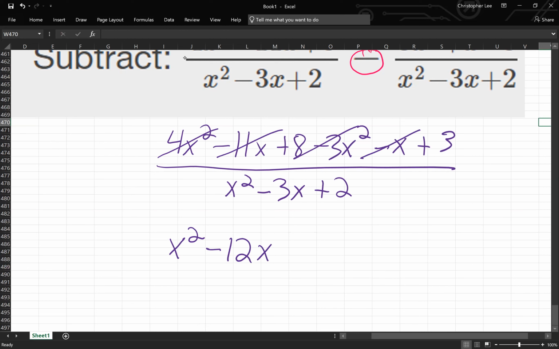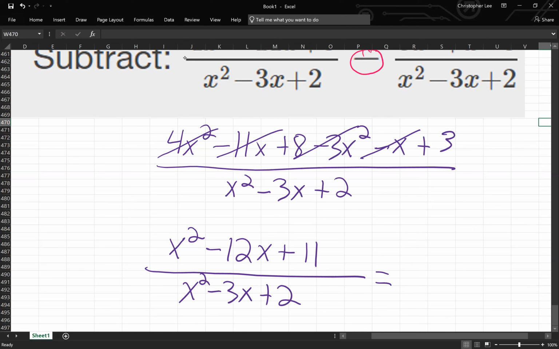Now I have an 8 plus 3, which is what? 11 or 12? 11 sounds more like it. Over x squared minus 3x plus 2. Y'all got to give me the right additions. Y'all know I still count my fingers.